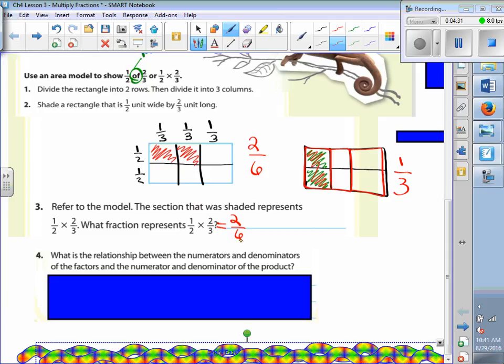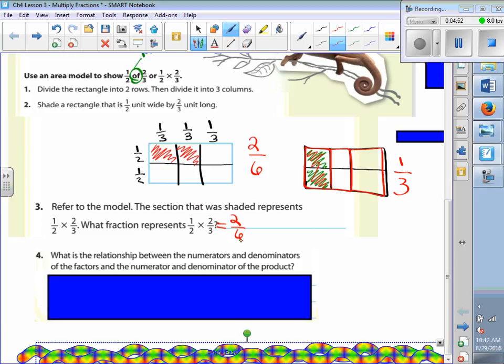Now look at how we got that in the equation. 1 times 2 is 2, and 2 times 3 is 6. So all we did was multiply the numerators and we multiplied the denominators.